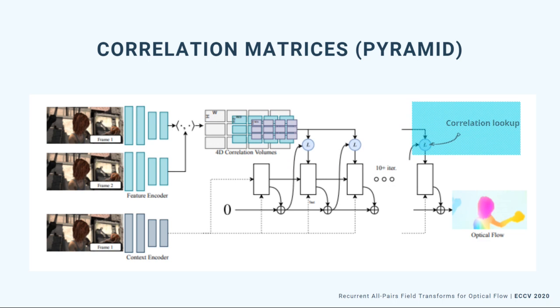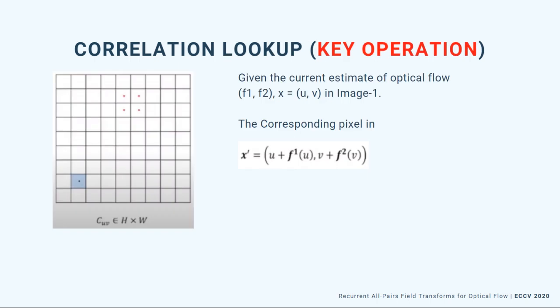The correlational lookup operator performs lookup at each iteration on the correlational volume based on the current estimate of flow. So, the correlational lookup operation.